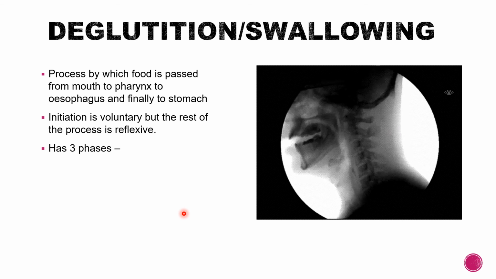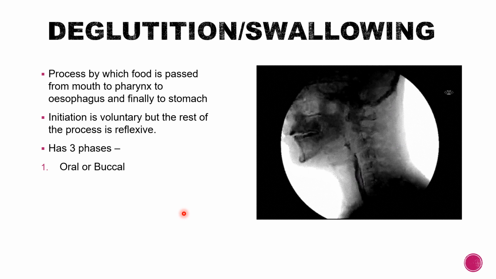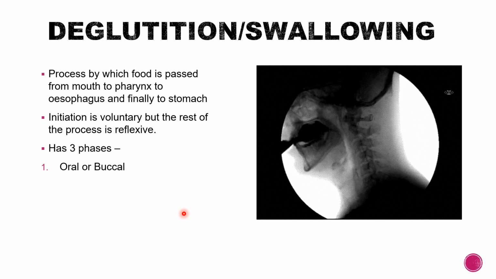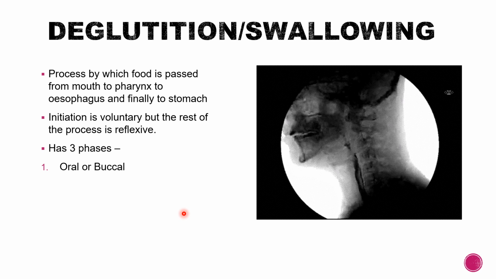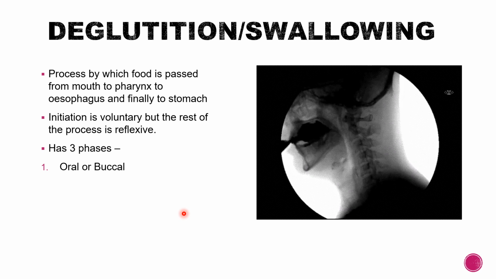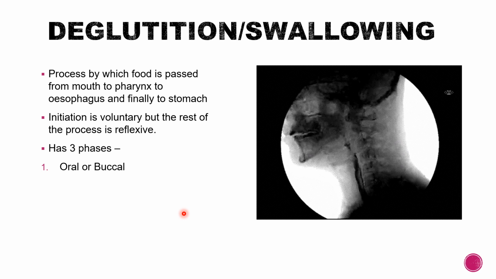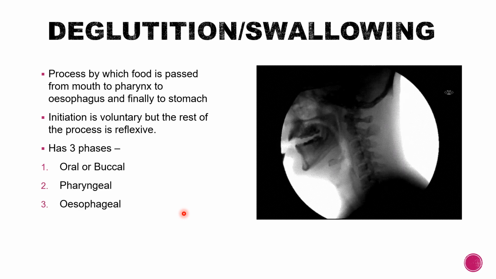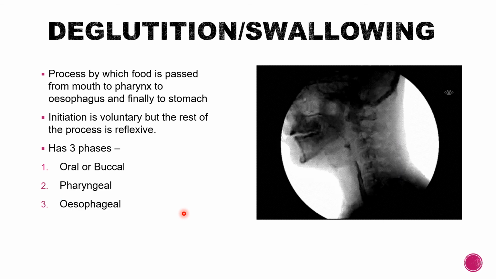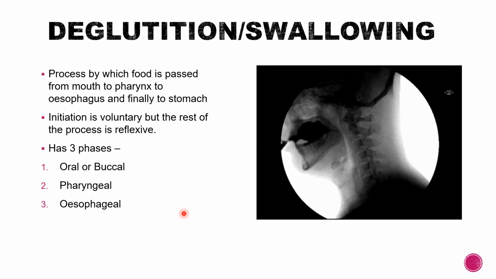Okay, it has three phases: oral or buccal phase. The oral or buccal phase is mainly voluntary. As soon as the food bolus touches the opening of the pharynx, the process becomes involuntary. So the first phase is oral or buccal, next phase is pharyngeal, and after that we have the esophageal phase.